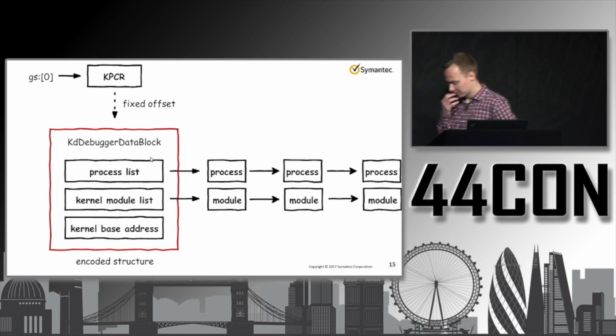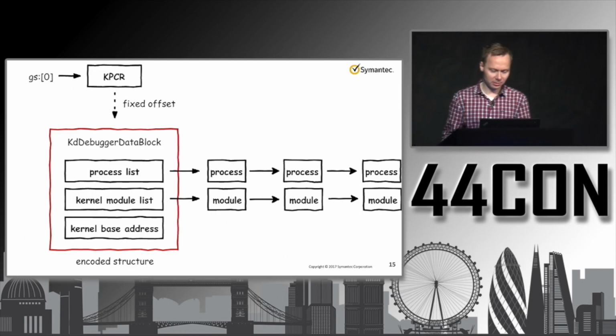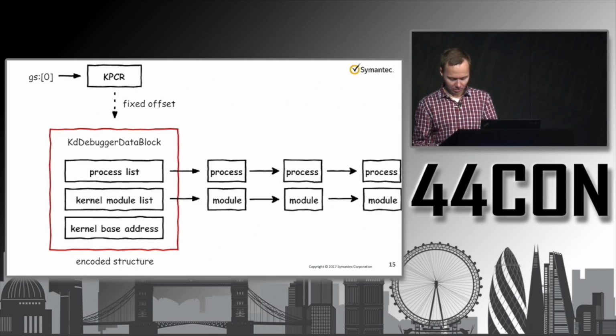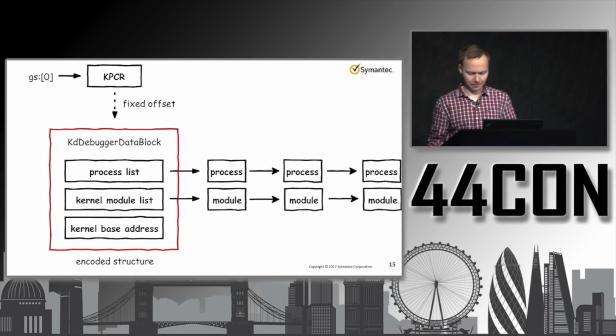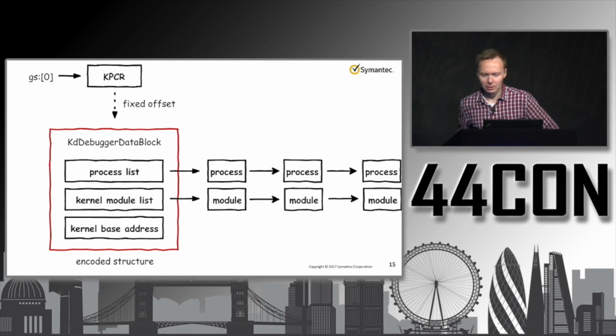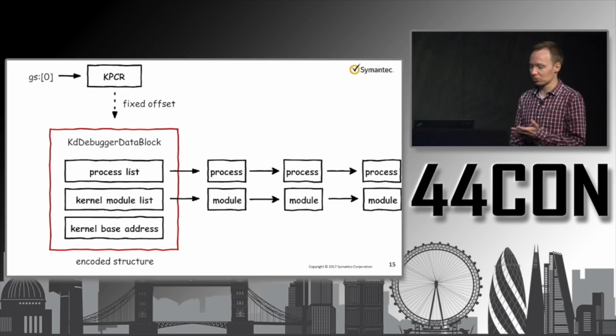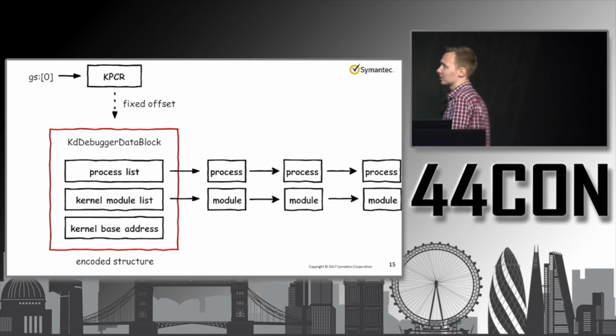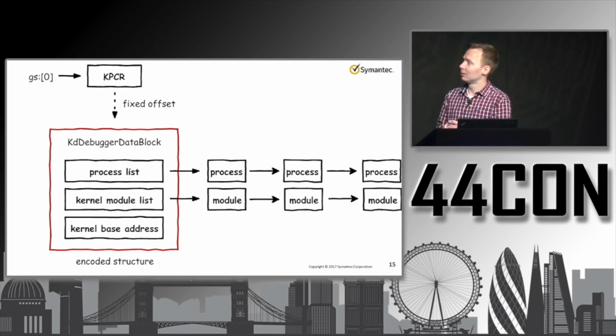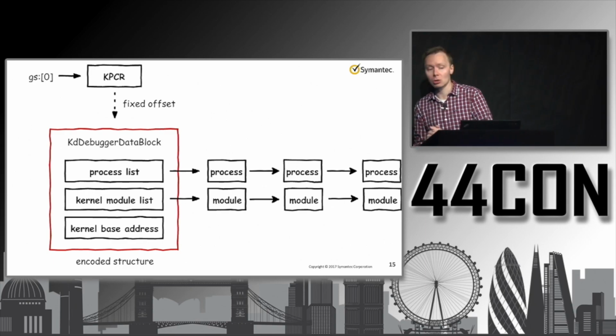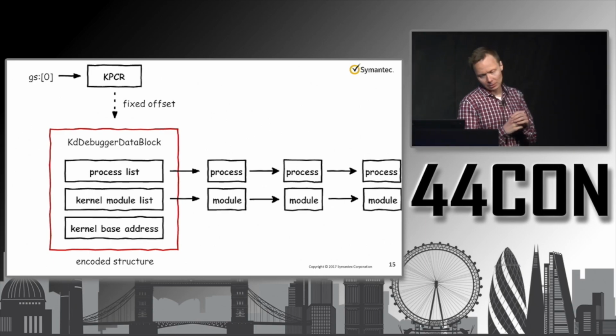Anyway, next challenge is this. As I just showed you how you can list all of the processes, all of the kernel modules, this is actually kept in memory because the kernel needs to use this as well.